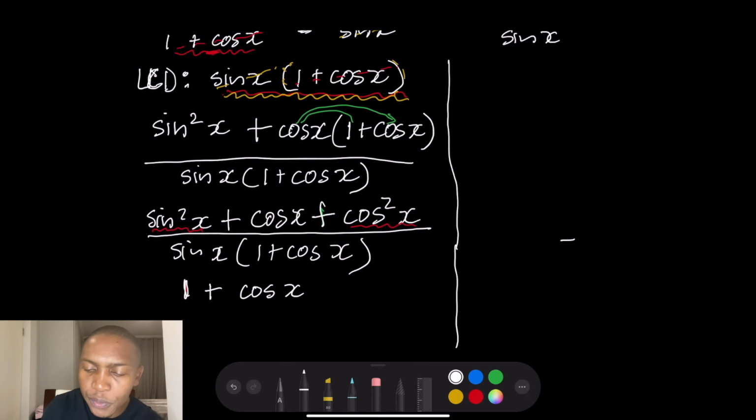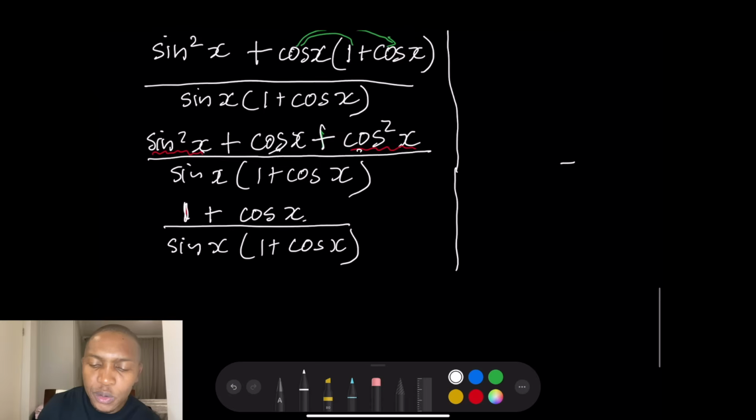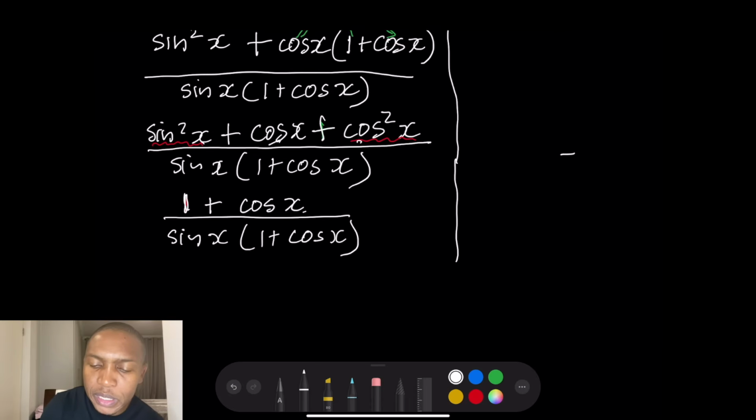Remember, those two have formed 1. And in this case, we still have the cos of x. And this is all divided by sine x times 1 plus cos of x. Now, can you see how we've got something similar at the top and at the bottom? Right? So we can cancel that out. So in that case, this divided by that will give us 1.